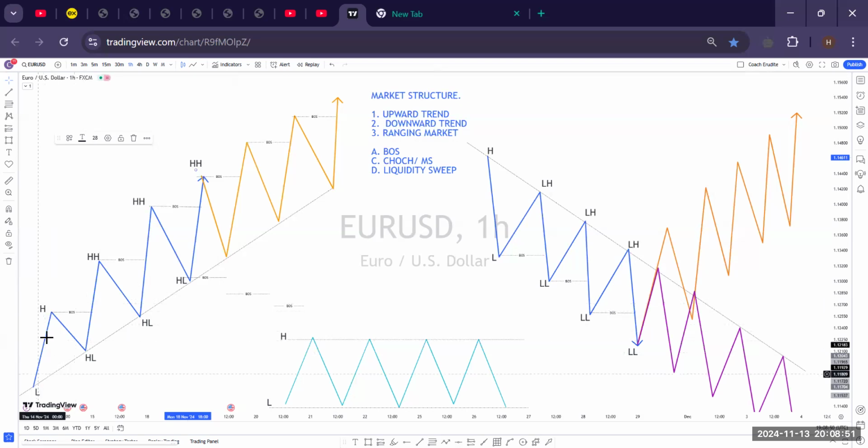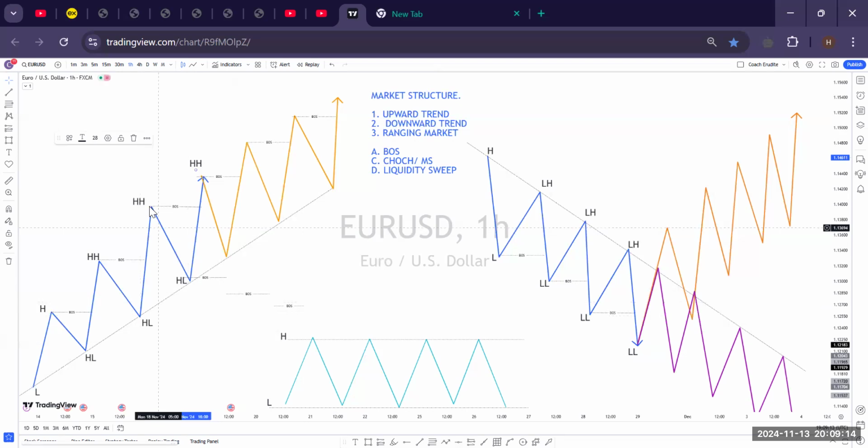So we have the impulsive phase, correctional phase, impulsive phase, correctional phase, which is also known as pullback, impulsive phase, correctional phase. Now, price coming back, price is doing what? Trying to get liquidity. We'll come to that later in the future, but let's focus on market direction.